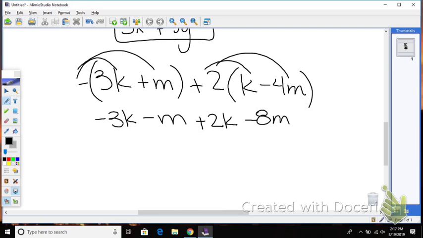Everybody agree so far? Okay, so then we're going to put together the like terms, which is negative 3k and 2k. I get negative 1k. And negative m minus 8m. What do you get with negative m minus 8m? Negative 9m. Can I simplify any further? No. So this is my answer.